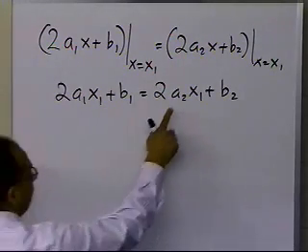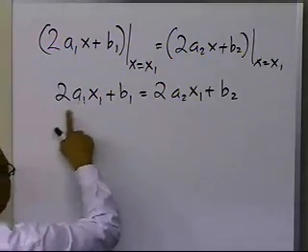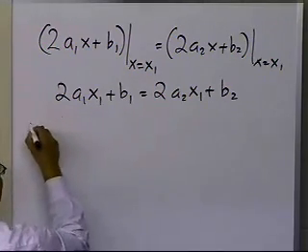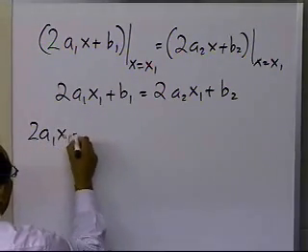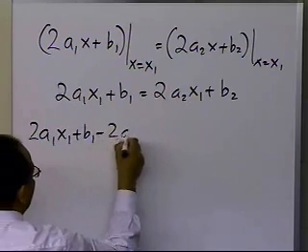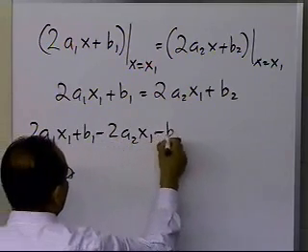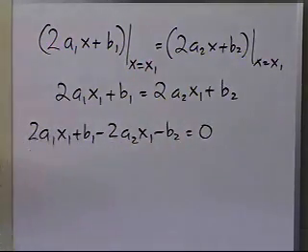And since a2 and b2 are unknowns, in order to set up this equation I'll have to take it to the left hand side. I'll get 2a1x1 plus b1 minus 2a2x1 minus b2 is equal to 0. So what you're finding out is that I'll be able to set up an equation which forces the first derivative to be the same whether I am using the first spline or the second spline at x equal to x1.